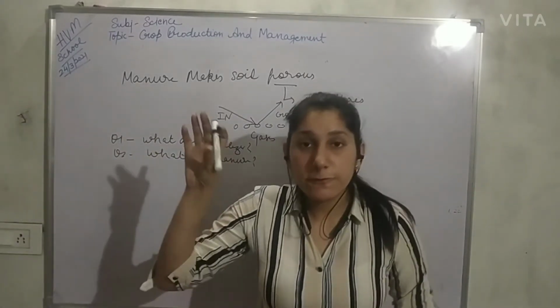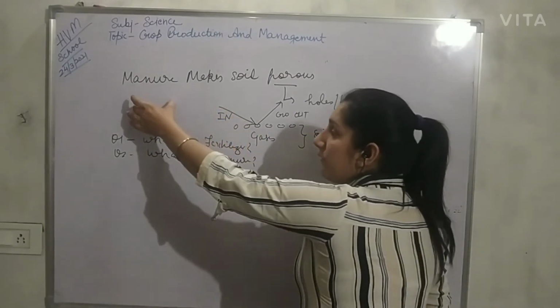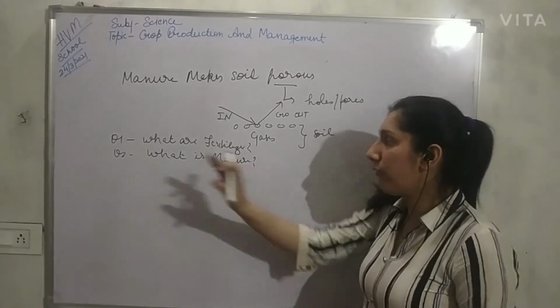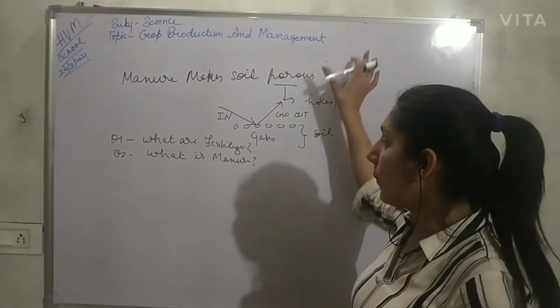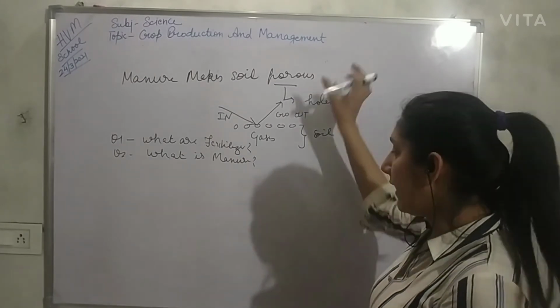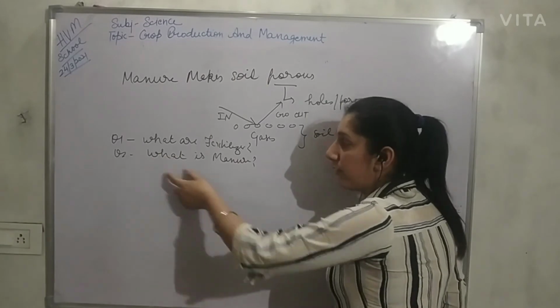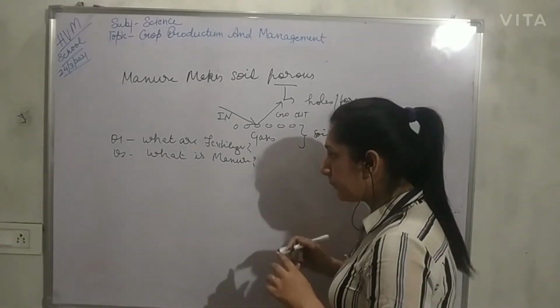When we did the difference between fertilizer and manure, whatever points were coming under the fertilizer heading, you can write as the answer to what are fertilizers, and the points that were coming under the heading of manure can be written as the answer to what is manure, right?